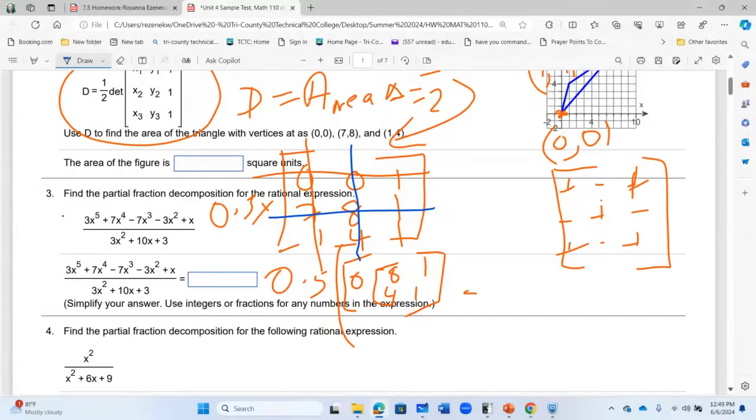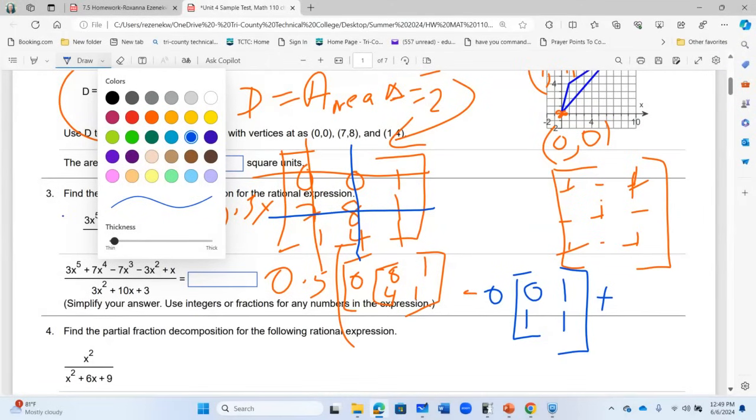The minor for the 0 is going to be 0, 1, so I have minus 0 times the matrix 0, 1, 1, 1. And this is going to be 0 again because I'm multiplying by 0 anyway. So I will only be interested in finding the next matrix.